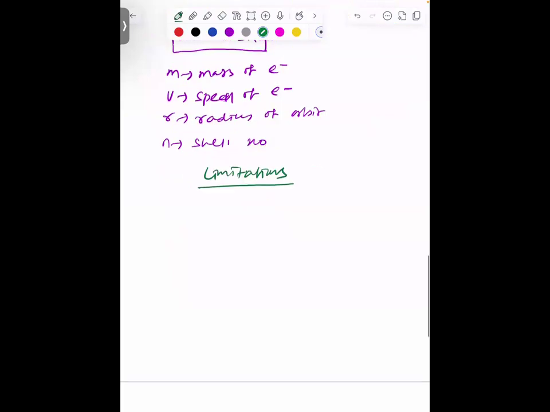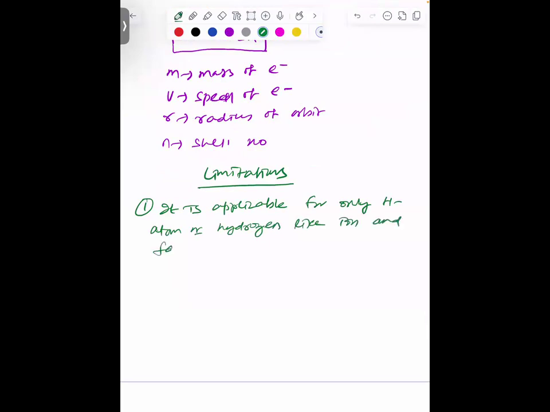The very first limitation: it is applicable only for the hydrogen atom or hydrogen like ions, and fails to explain multi-electron systems. The hydrogen atom consists of one electron.